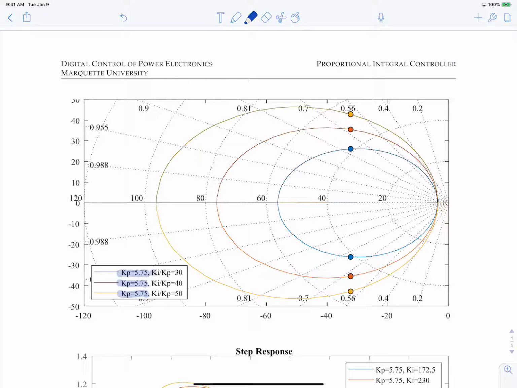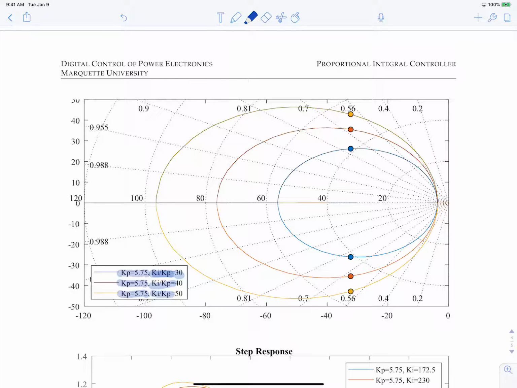And then I have different ratios of Ki to Kp. I'm keeping Kp fixed, but I'm sweeping different values of Ki for the fixed Kp. For instance, for blue, I have a Kp of 5.7, and this ratio is 30.